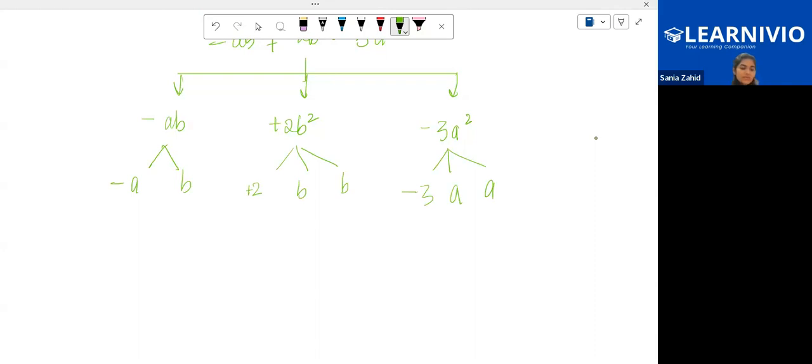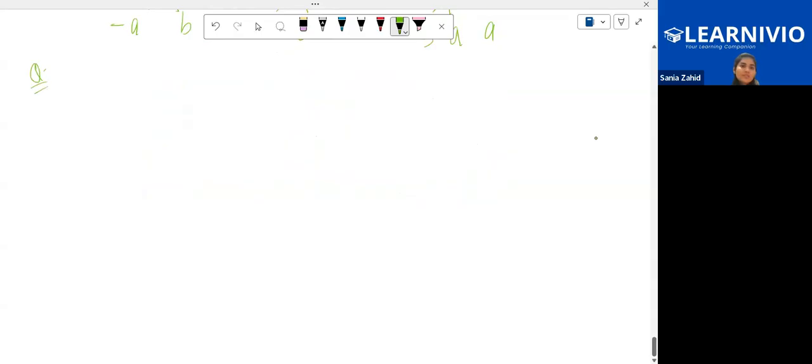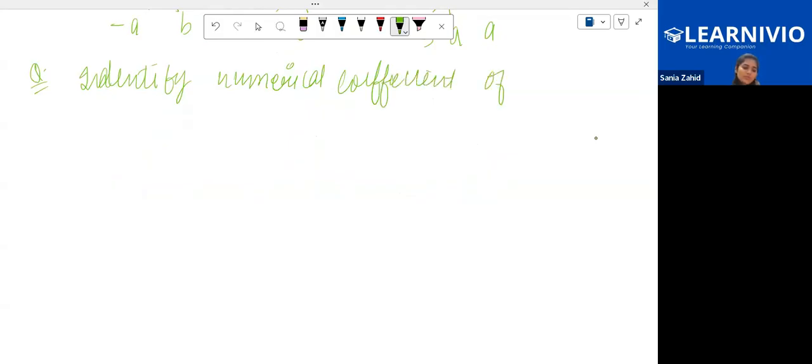So now the question is identify numerical coefficients of terms.